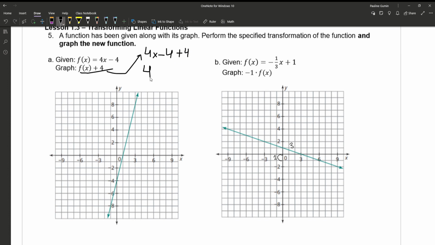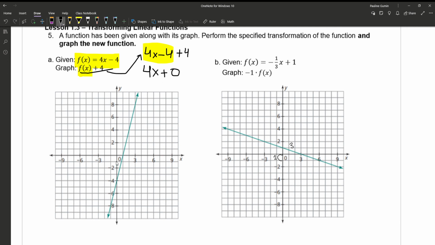I'm going to combine like terms. Minus 4 plus 4 gives us 0. Now I know it's incredibly silly to write plus 0, but I promise it's useful. So just some color coding so you know where I'm getting that f of x from. The 0 tells us where we put our y-intercept.